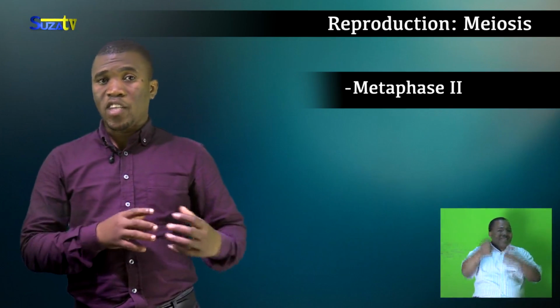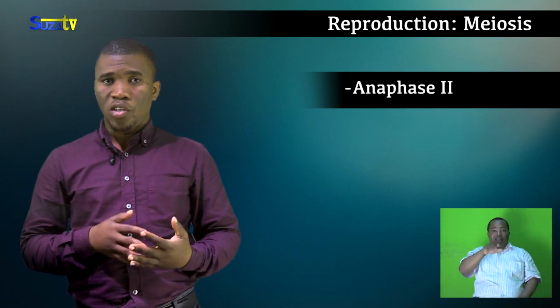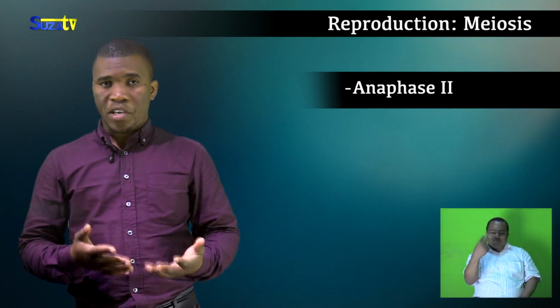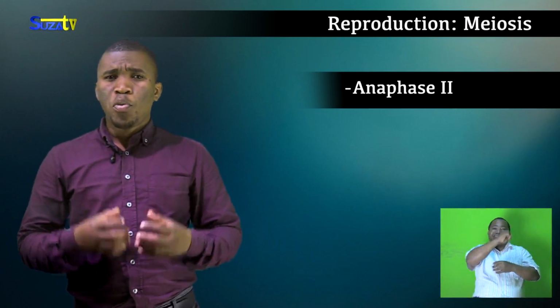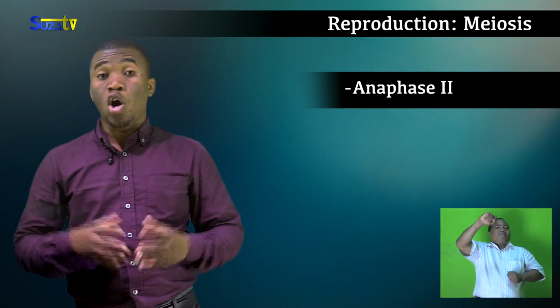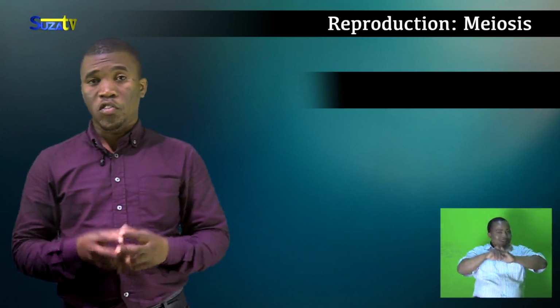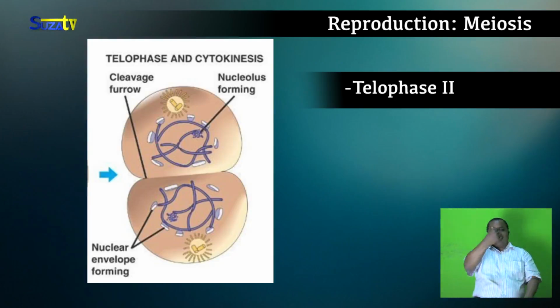So, let us go to another stage, which we call anaphase II. The centromere divides and spindle fibers pull the chromatids to opposite poles of the cell. This stage is followed by telophase II. The spindle fibers break and disappear.